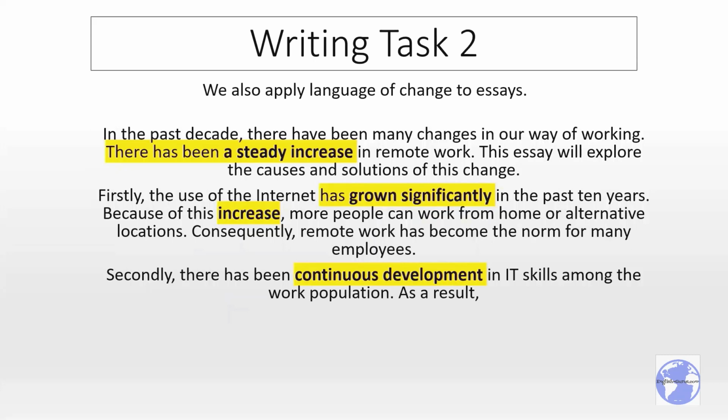Firstly, the use of the internet has grown significantly in the past 10 years. Because of this increase, more people can work from home or alternative locations. Consequently, remote work has become the norm for many employees. Secondly, there has been continuous development in IT skills among the work population.